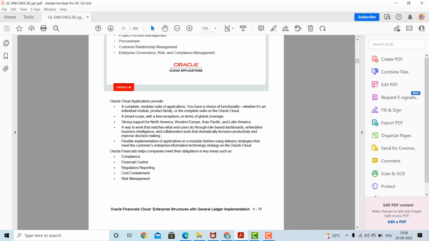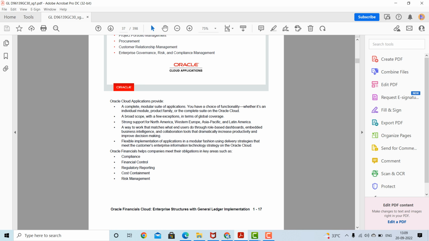So Oracle Cloud Applications provides a complete and modular suite of applications. You have a choice of functionality, whether it's an individual module, product family, or the complete suite on the Oracle Cloud.